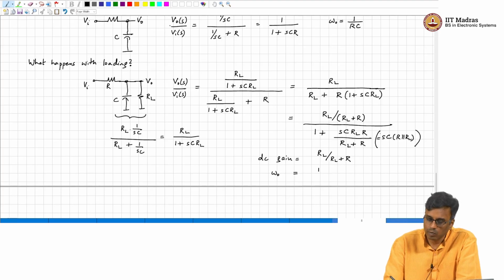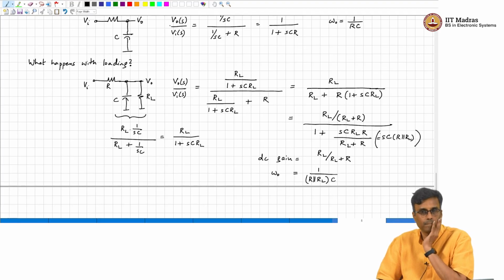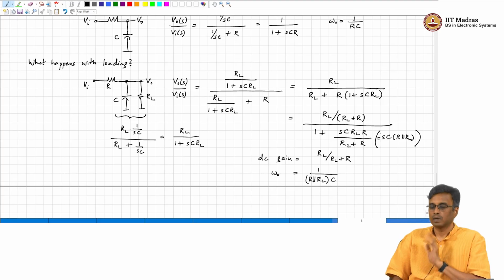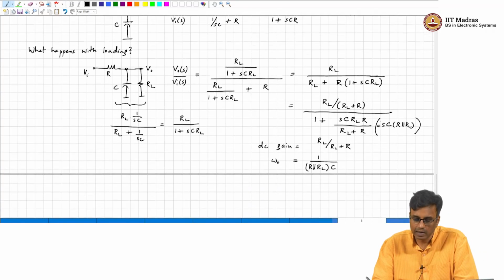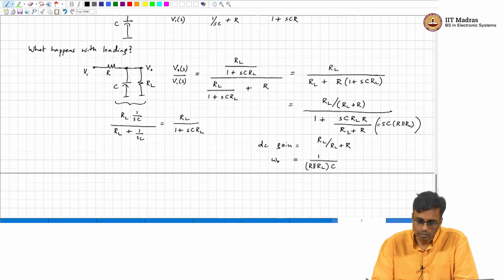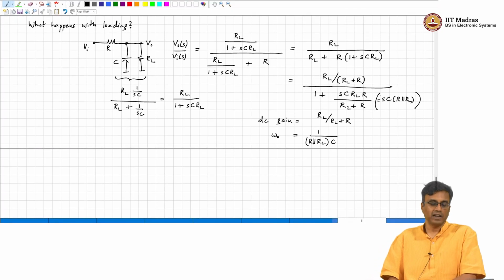So, this is nothing but 1 over R parallel RL times C. And why does this make intuitive sense?